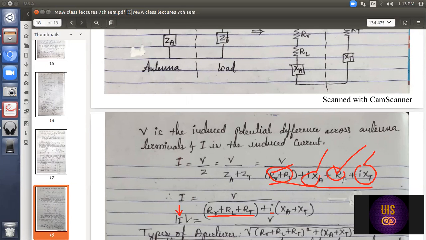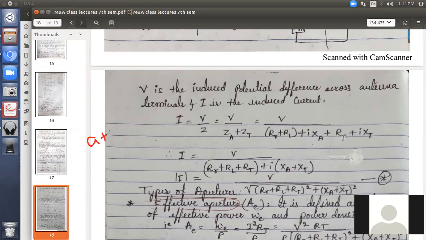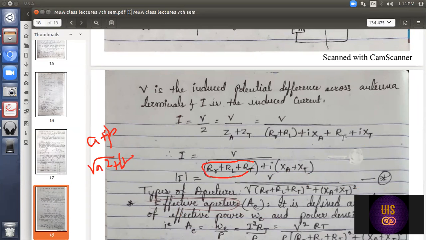For the amplitude calculation, keep the numerator as it is. How to calculate the amplitude of the denominator? If it is a plus jb, it will be square root of a square plus b square. Similarly, this is your a, this is your b, so square root of a square plus b square. This is the magnitude of the current flow. So this is an important equation.